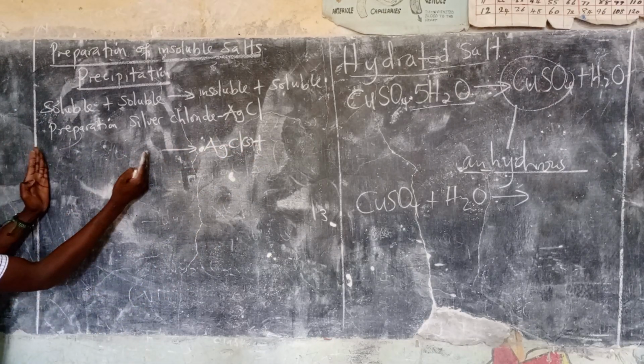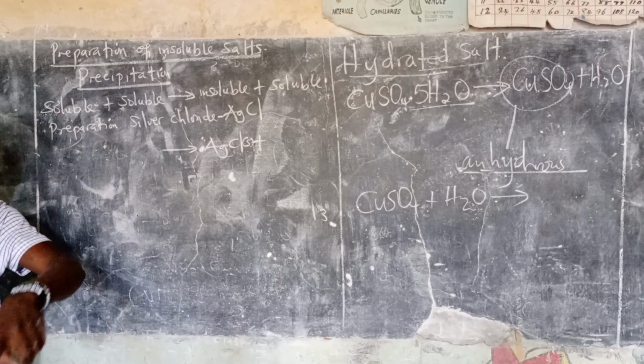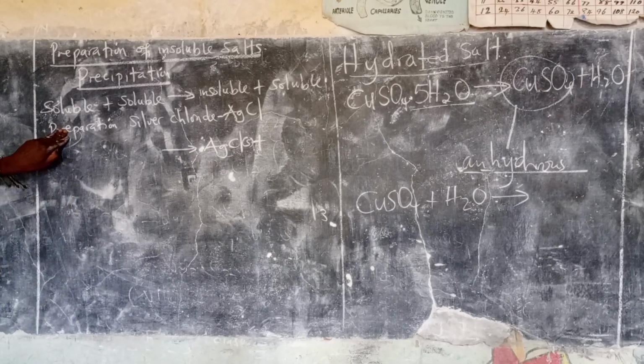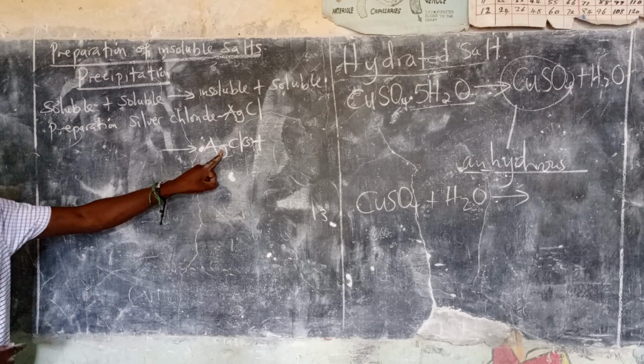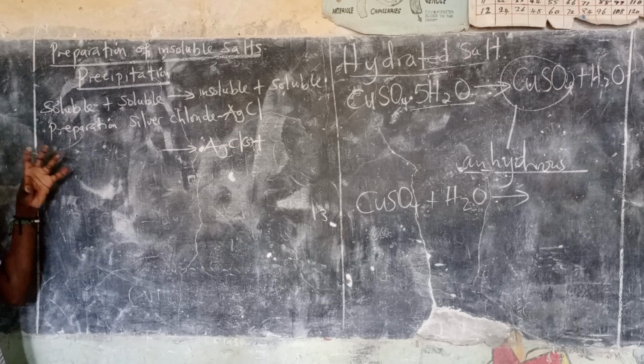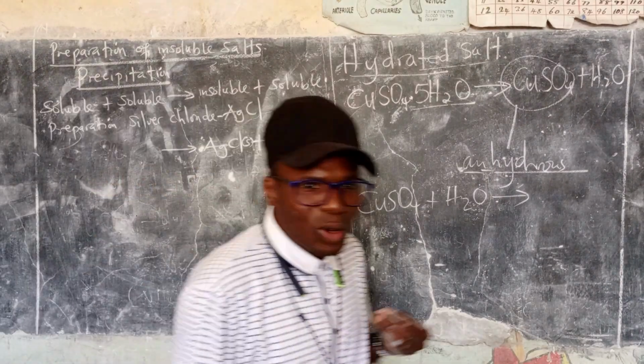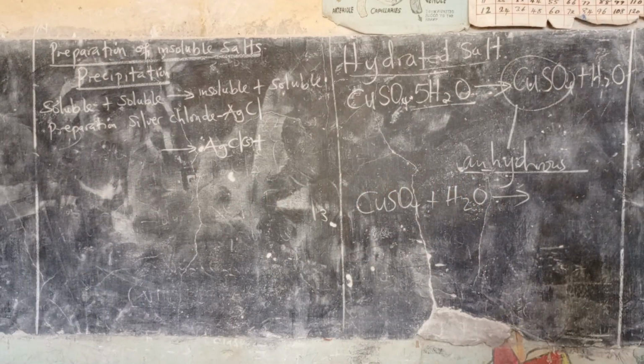Now, what can we react in order for us to get this? You're going to find a salt that is soluble but contains silver, and another salt that is soluble that contains chlorine. Then you're going to react them together. Can you tell me those salts now? What reagents are you going to use? You go back to the table of soluble and insoluble salts.